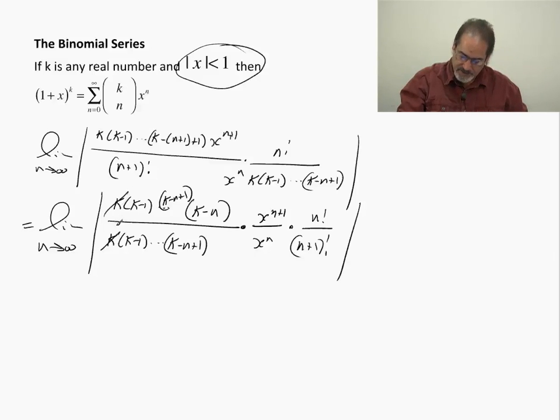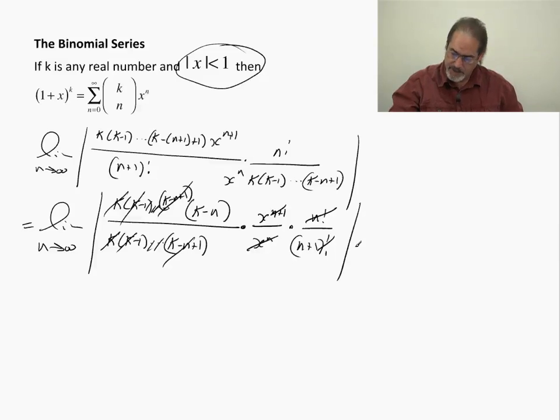Well, clearly these k's cancel all the way down to k - n + 1, which leaves me a k - n in the numerator. This will cancel, just simply give me x. The n factorial will cancel to give me simply n + 1 in the denominator. So this is actually equal to the limit as n goes to infinity of the absolute value of (k - n) over (n + 1) times, am I missing anything?